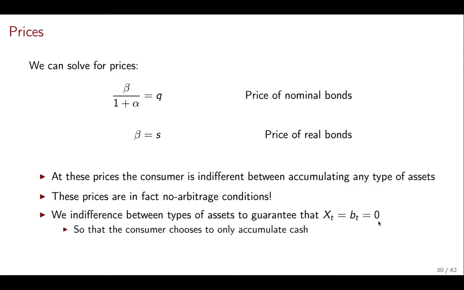Only when they are indifferent between all these different assets is the savings in the assets equal to zero, because that's when they don't want to do it. That's the only way you can get them all to agree that they don't want to save in either nominal or real bonds. If one of the two was better than the other, then you would have savings in one of them. Okay, so we can see the prices.